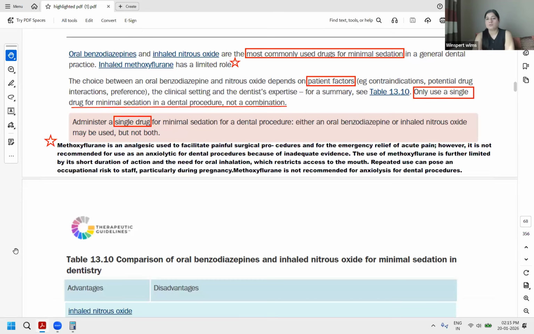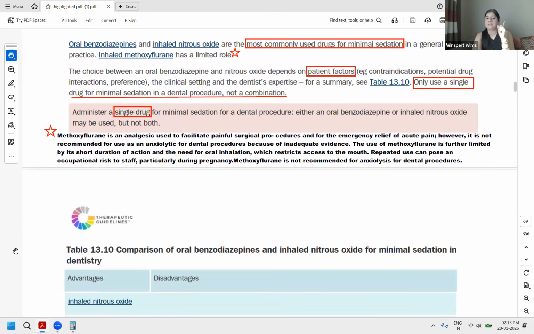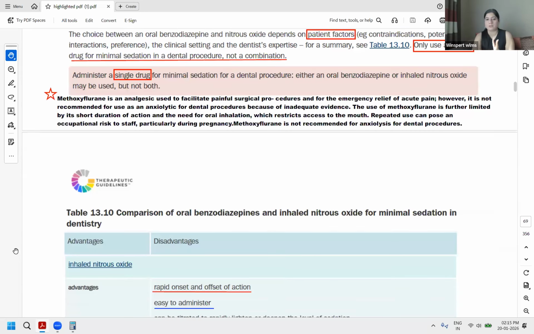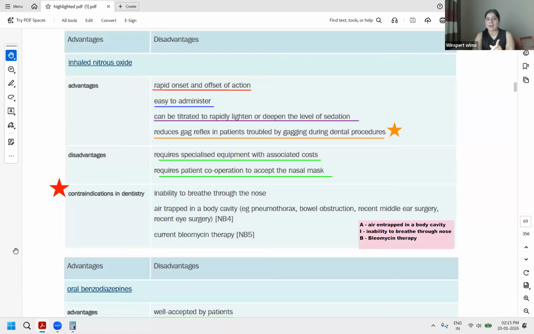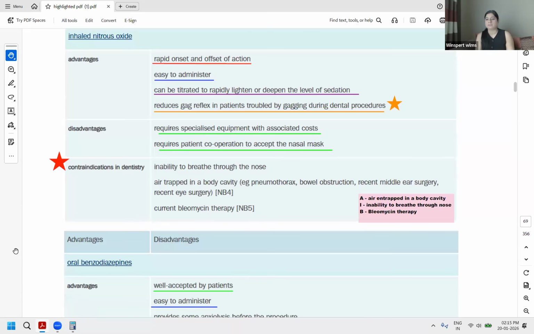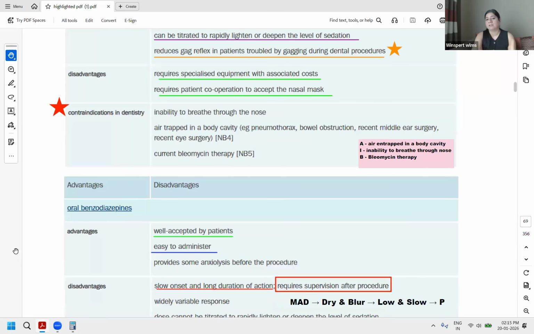Now, between these two agents, you will always go with a single drug therapy, either oral BZDs or nitrous. You will never mix the two agents. For your inhaled nitrous, the advantages are it quickly onsets and offsets, is easy to give, you can lighten and deepen it, and it will reduce the gag reflex.